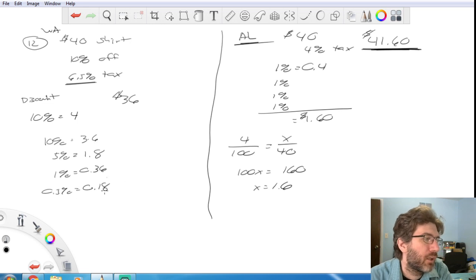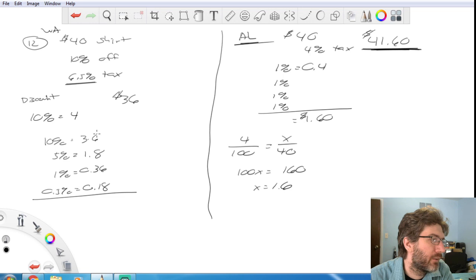And then you add it up. I mean, just by looking at it, you know it's not going to be more than $40. So you can do it that way. But when we add this up, actually, we don't want the 10% in there. 5 plus 1 plus 0.5 gives you the 6.5%.